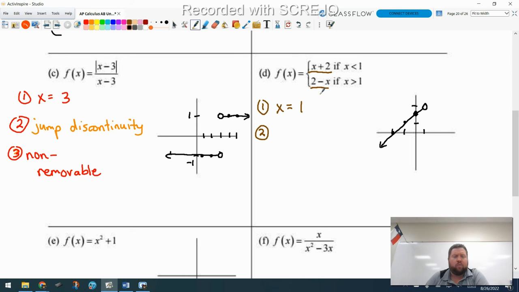For this one, if I plug in 1, 2 minus 1 is 1, so that's going to be an open circle. And then I have a slope of negative 1, so I'm going to go down 1, right 1, like that. Looking at this, f of c is not defined, but I wouldn't call this a point discontinuity. They would have to be connected to each other. This is, again, a jump discontinuity.